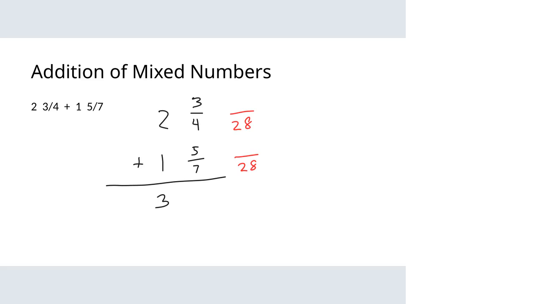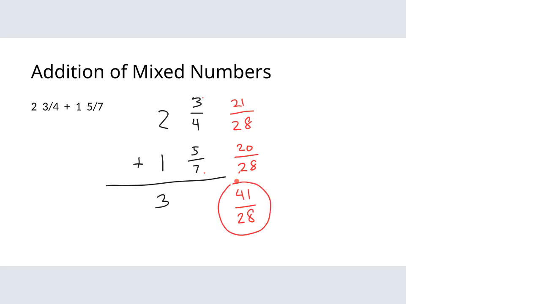If I multiply by 7 on the bottom, I have to multiply by 7 on the top. We multiply by 4 on the bottom, we have to multiply by 4 on the top. And then I'll add those together. 21 28ths and 20 28ths will be 41 28ths. Since that's bigger than 1, we don't want to leave that improper fraction there.